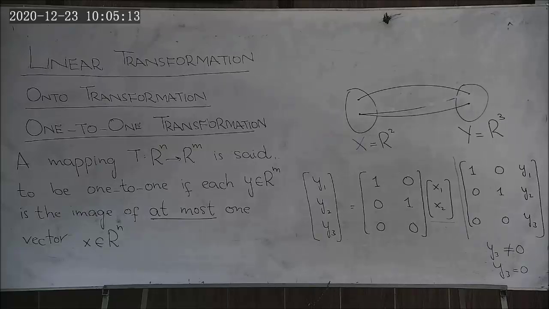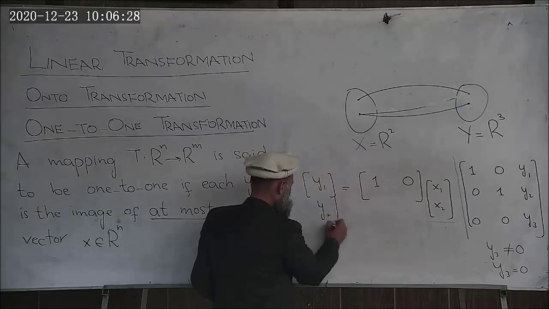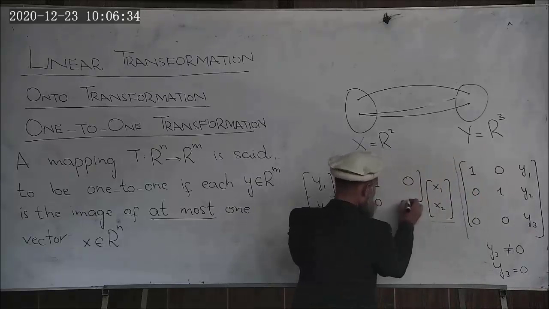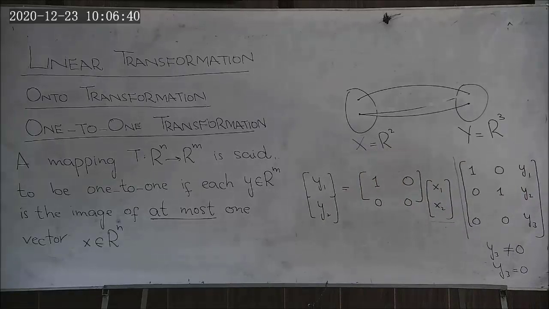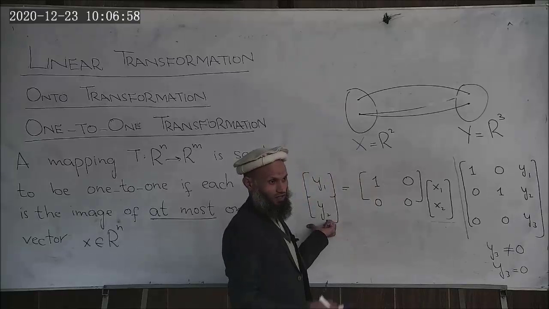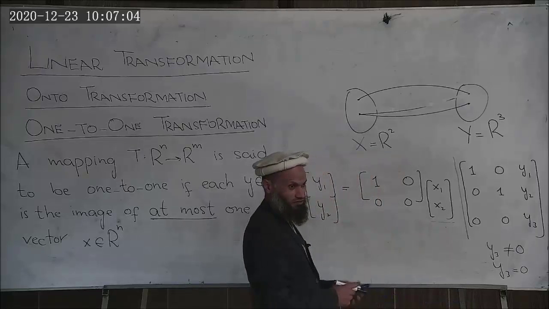There was some question from, yes, y1 here, y2, and here 0, 0, second row 0, 0. So first question, is it a transformation or not? What do you think? Corresponding to any vector here, can you find a vector over here? Can you give me any vector here corresponding to which you cannot find this vector?